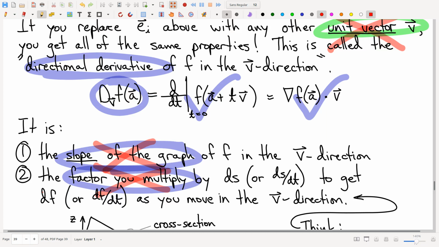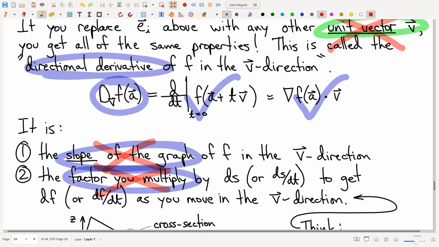But those who like this choice would point out this is still a pretty natural thing to want to compute. Maybe I'm not interested in how fast the function's changing with respect to distance.